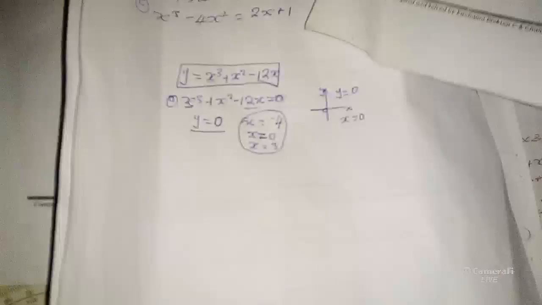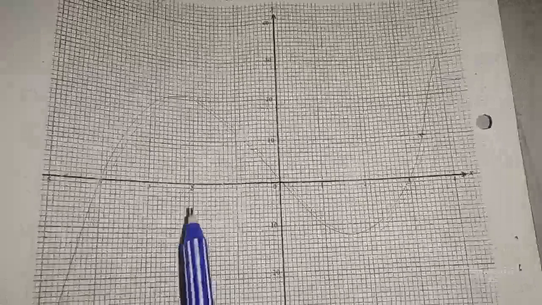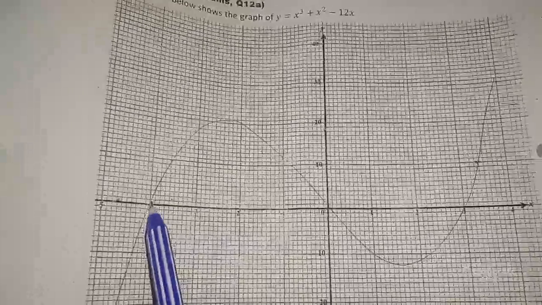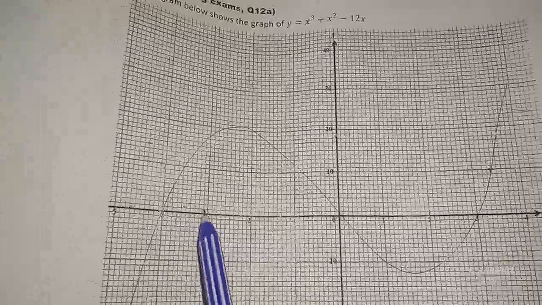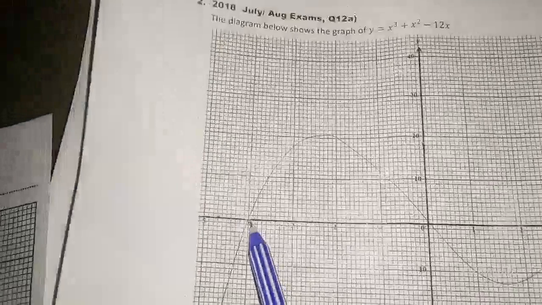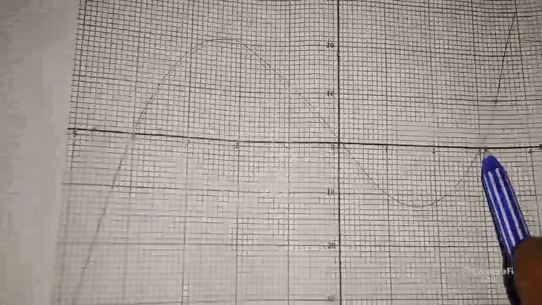When you come to the graph, sorry, I can't put my pen on this graph, I don't have a pencil this time. So this is the line we are talking about. This is the first point, which is -4, this is the second point, that is 0, and the last point is here.